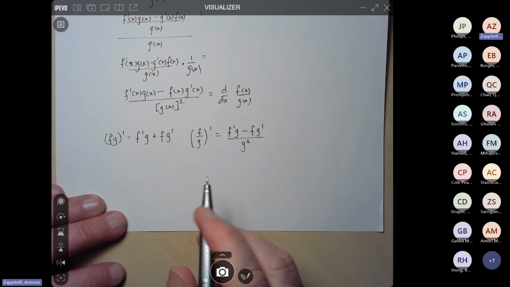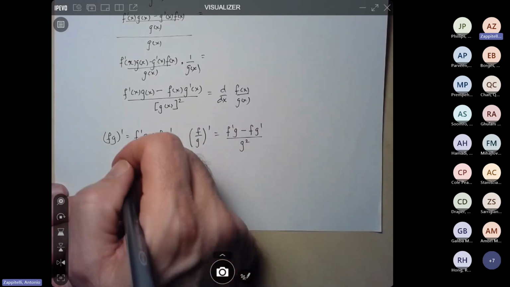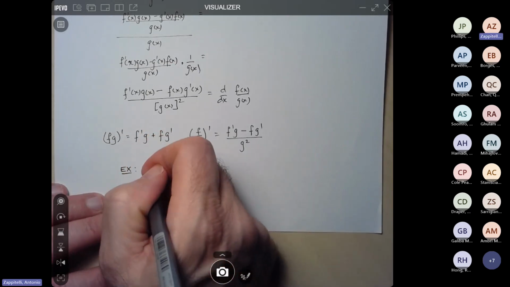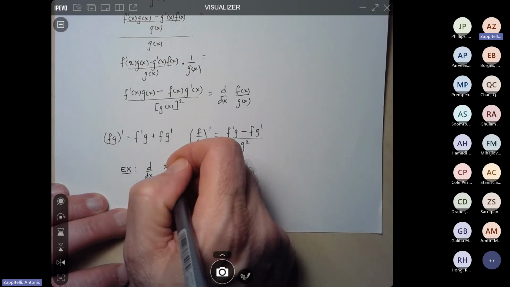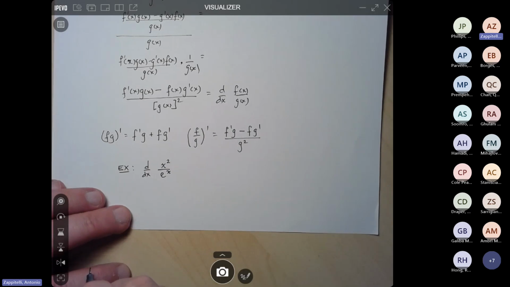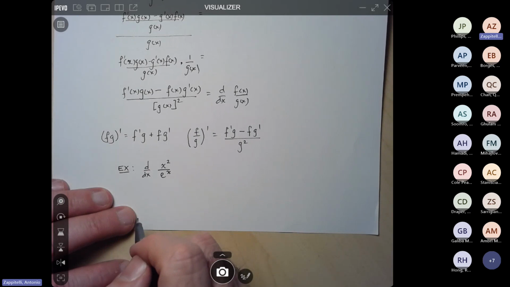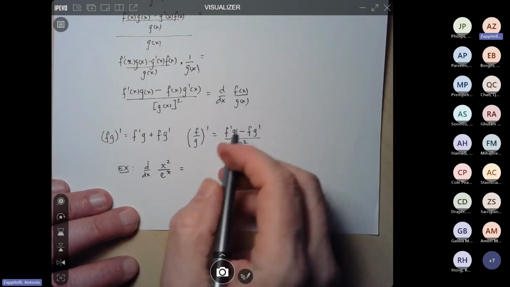Okay. So I'll give you an example, and then we'll have just enough time for you to do a couple of exercises. So as an example here, if I want to find the derivative, say, of x squared divided by e to the x, okay, so we did the product of these two functions. Now let's find the derivative of the quotient of these two functions, and let's follow the rule.